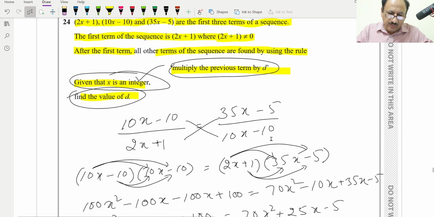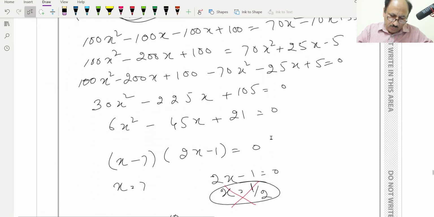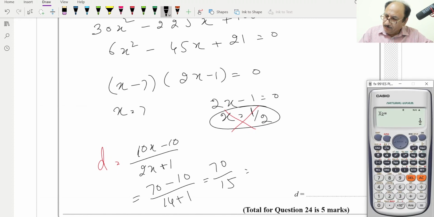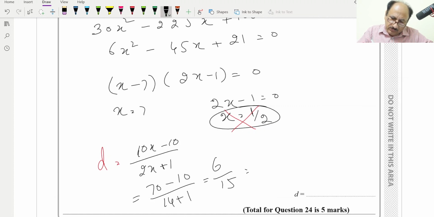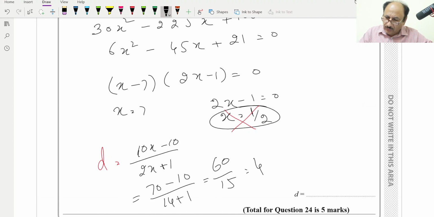So d multiplied by 2x plus 1, this should be plus 1 over here, so this will be 70 over 15, which is equal to 70 divided by 15... not 70, it should be 60. So 60 divided by 15 is equal to 4. So d value is 4.